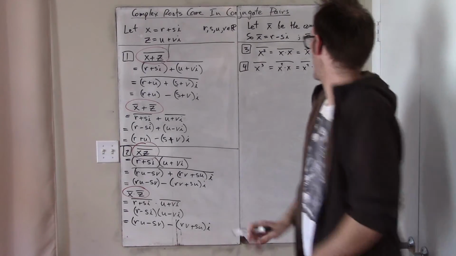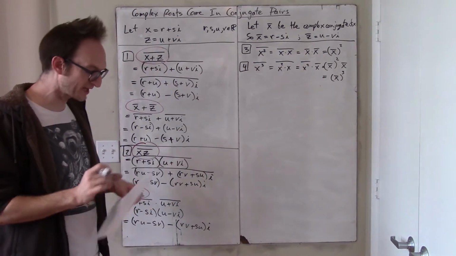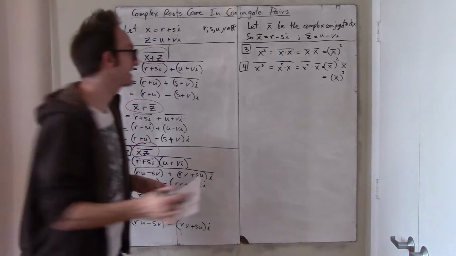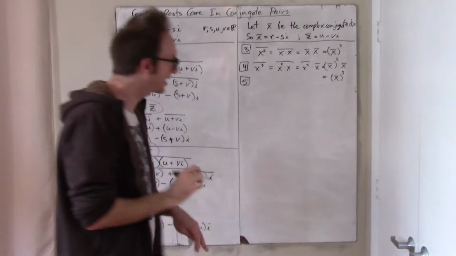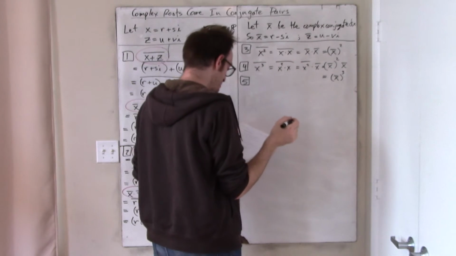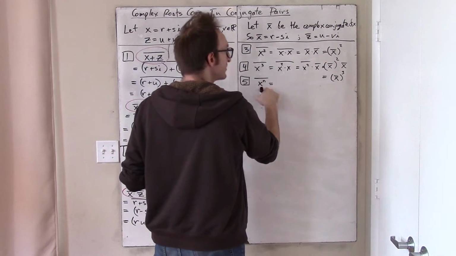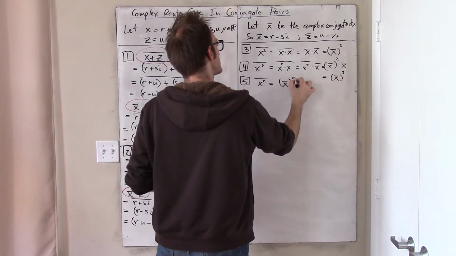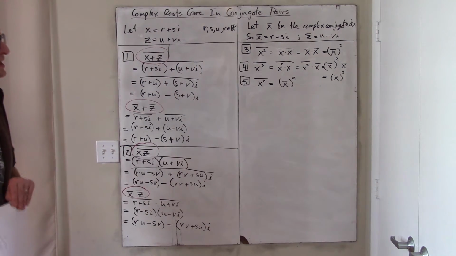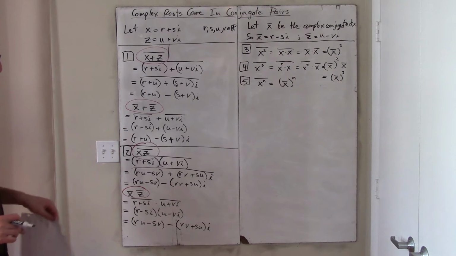So the conjugate of a square is the square of the conjugate, the conjugate of a cube is the cube of the conjugate, and more generally, one may use an advanced technique called induction to show that the conjugate of the nth power of a complex number is the nth power of the conjugate of that number. We don't need number 5 for this worksheet, but we need it to prove the general case.